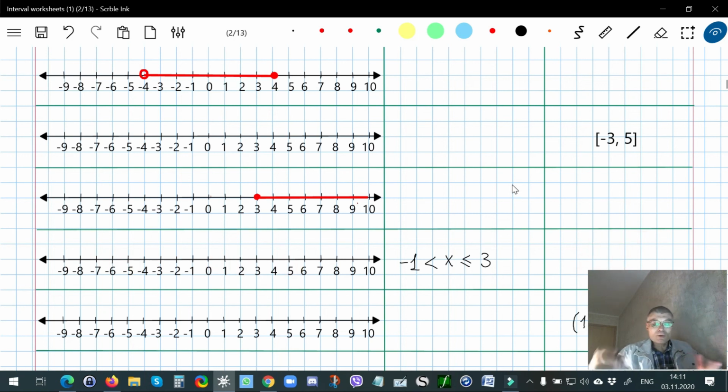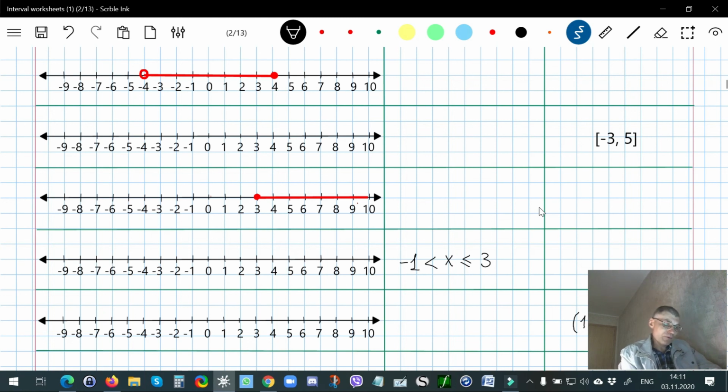When you draw it, of course, don't use color. Just use your pen, and let us do it together, how to draw this thing which I drew in color. We have only a black pen, and this is a finite interval which starts with -1, but it is open.